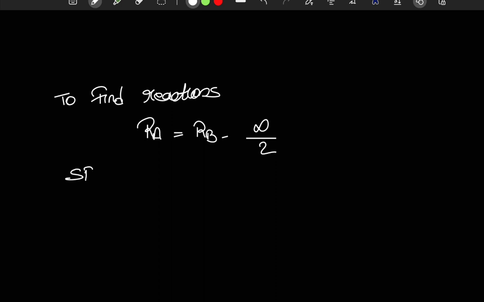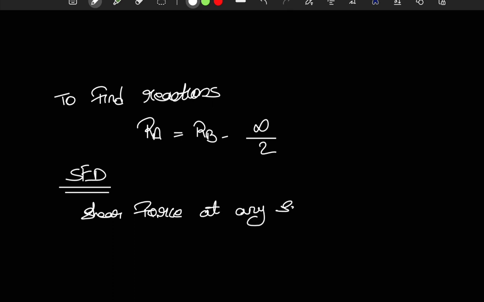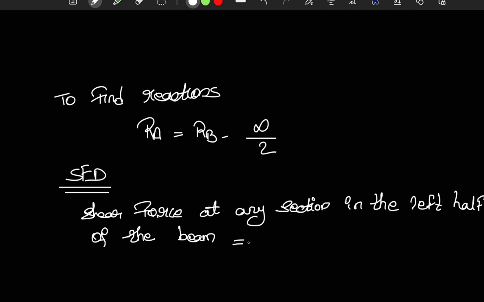In the shear force diagram, SFD, the shear force at any section in the left half of the beam is equal to positive W by 2.